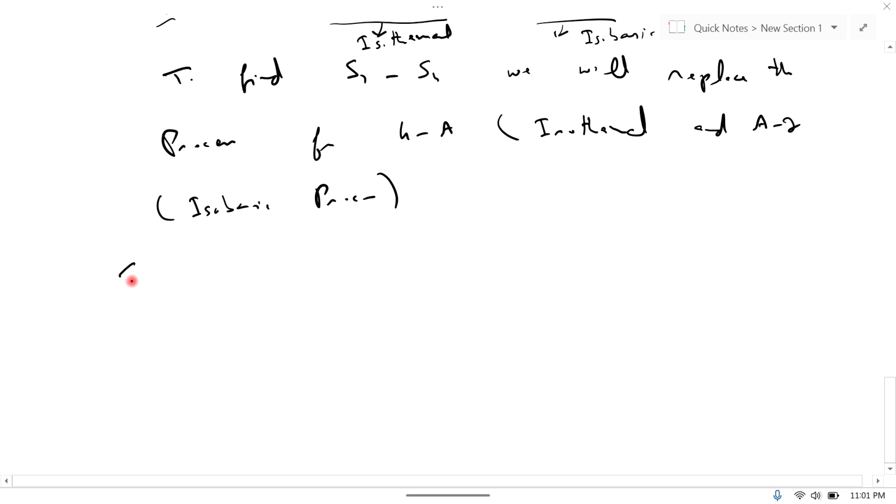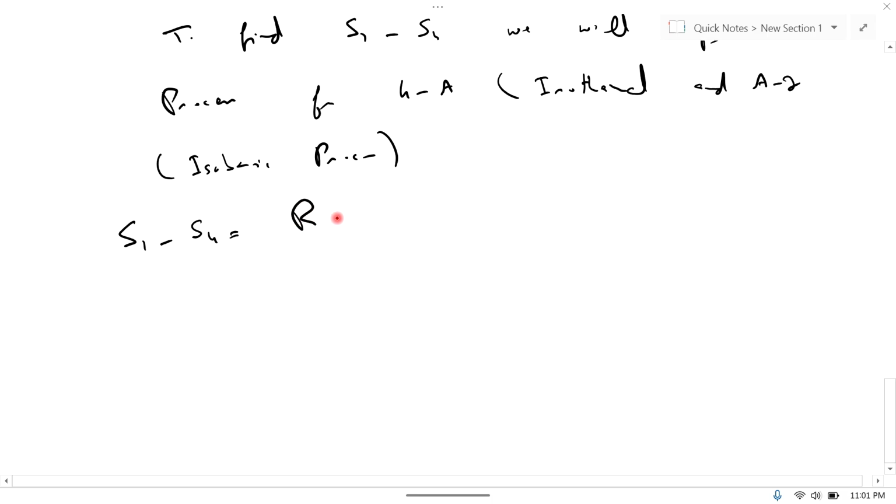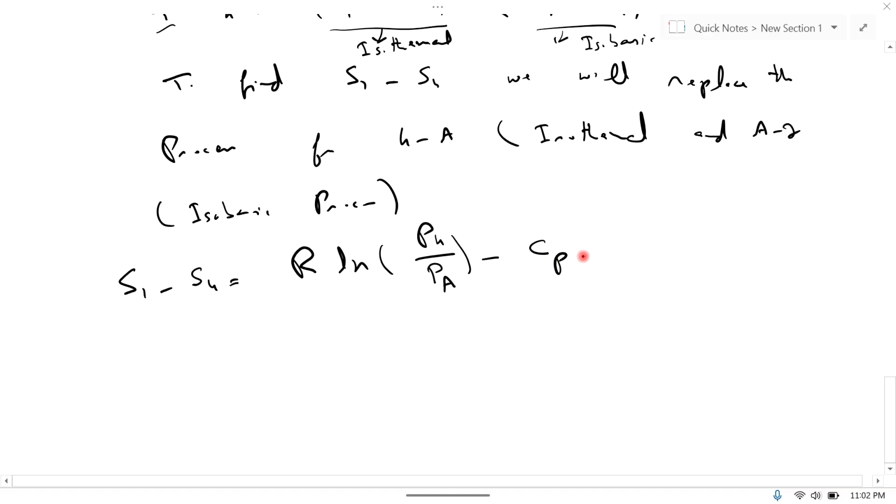So S1 minus S4 is equal to the isothermal process term, R natural log of P4 divided by Pa, from chapter 4, minus the formula for the isobaric process, Cp natural log of Ta divided by T2.